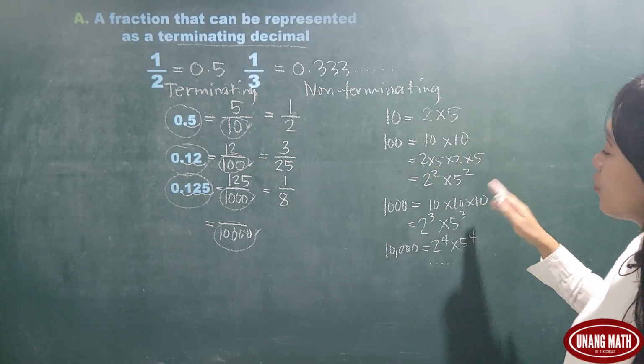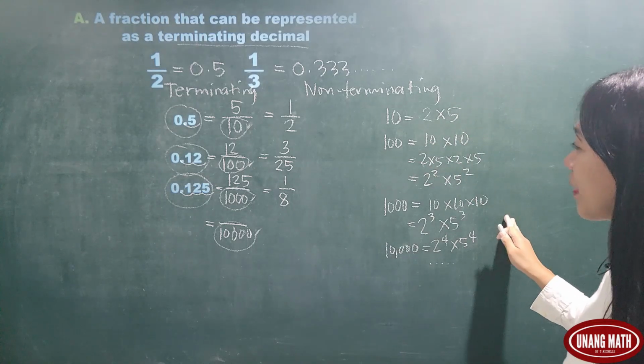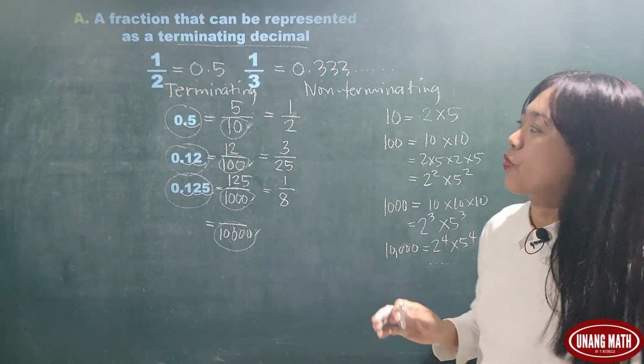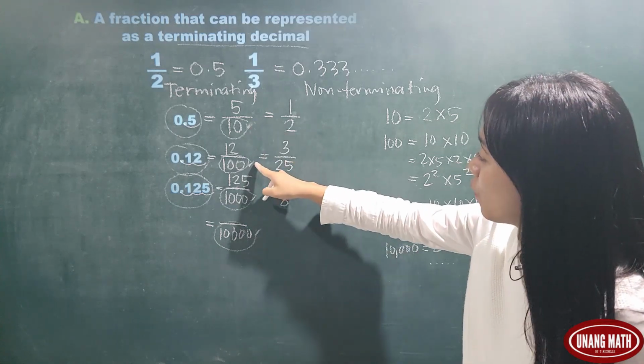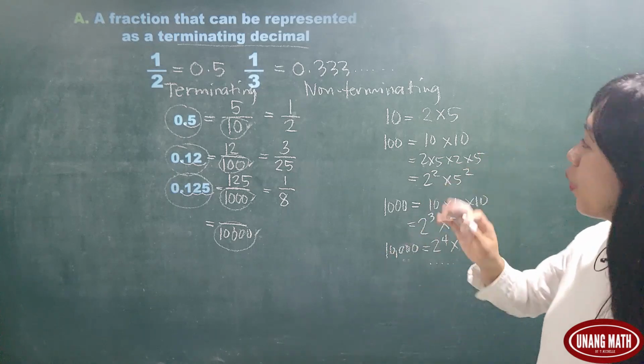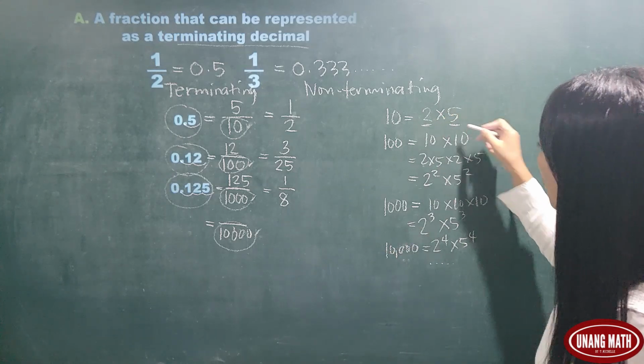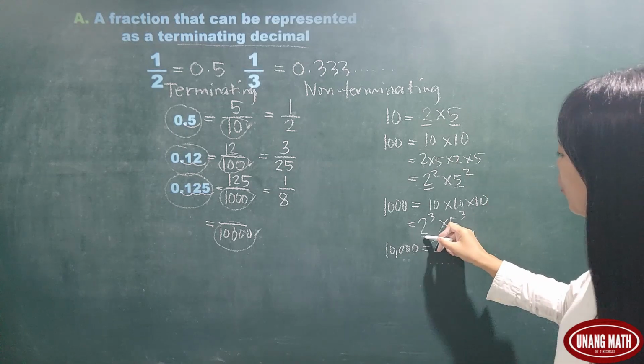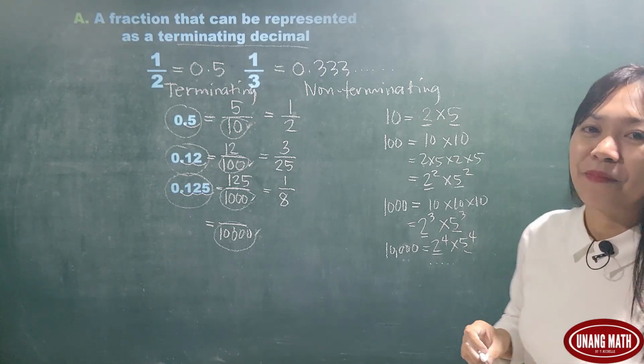So from this, we can say that the prime factors of 10, 100, 1,000, or 10,000 are only 2 or 5, or 2 and 5.